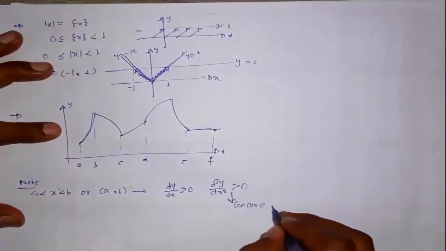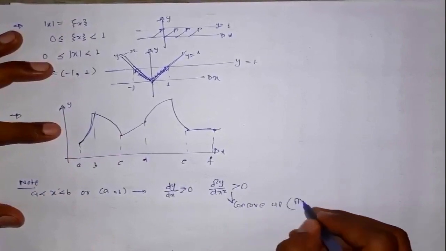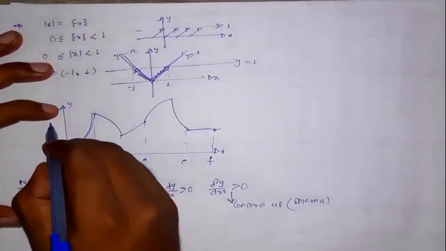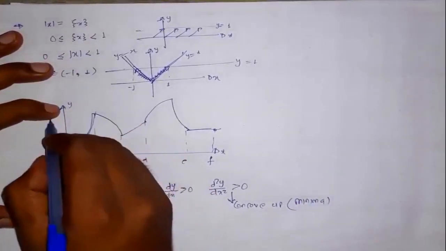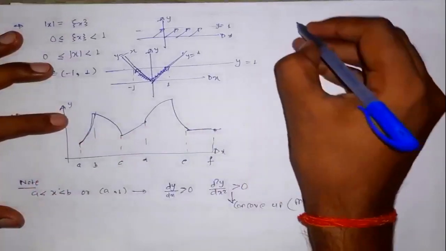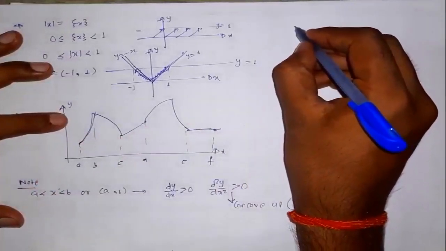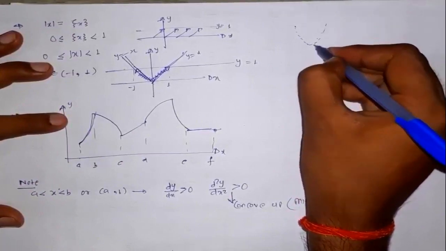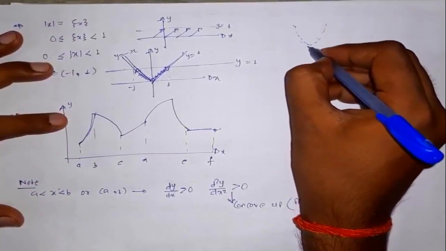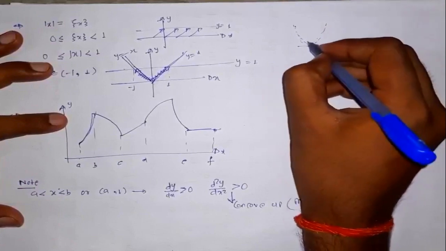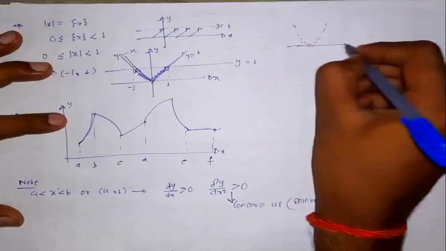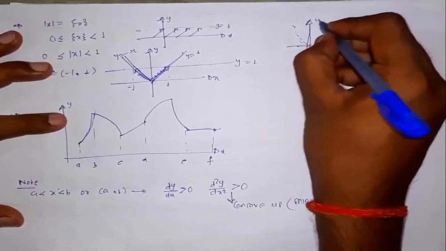Concave up. Here we will get a minimum, because the shape of the graph is like this. This is a rough sketch. If anywhere you observe a graph like this, then this is the condition for the minimum. Here we are getting a minimum and the maximum will be at infinity.